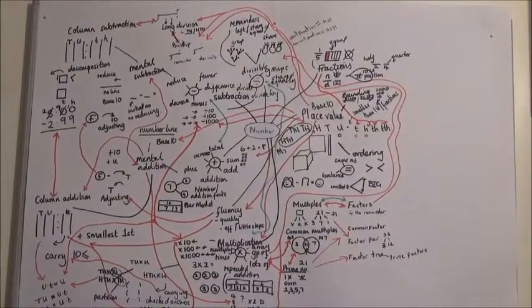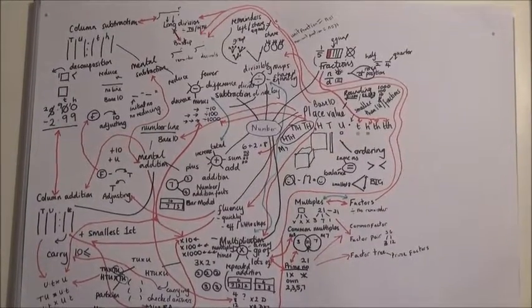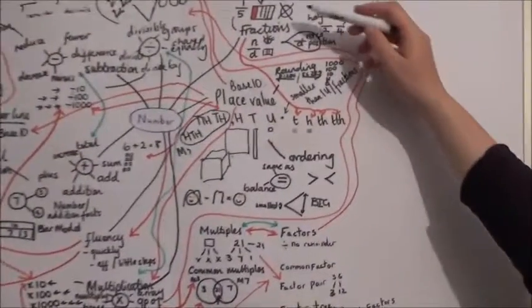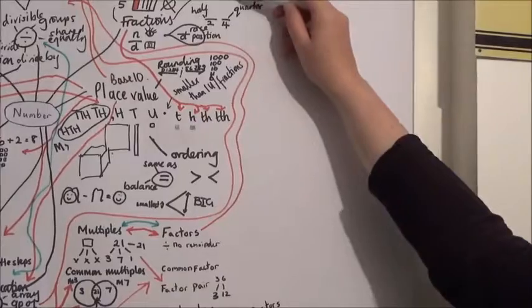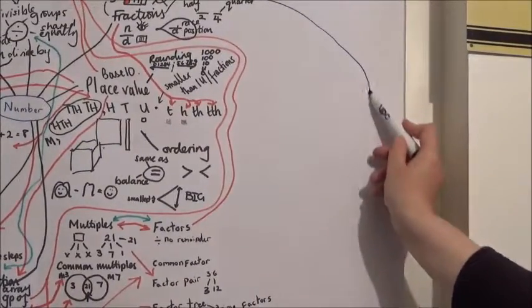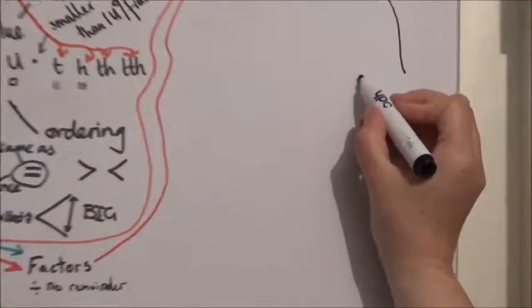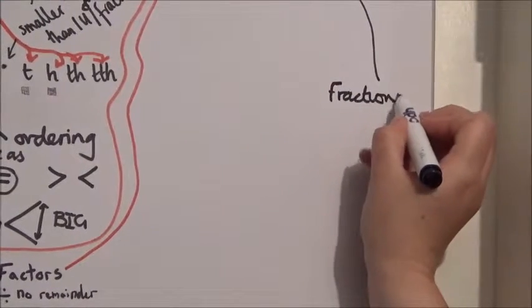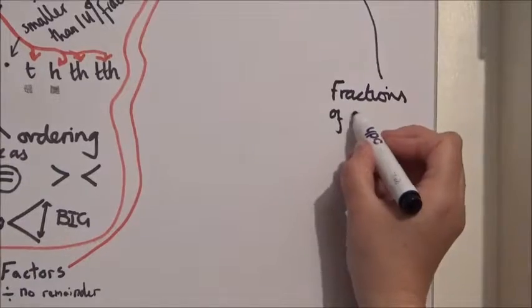So we're going to add our new learning of fractions of a number to our number mind map. So I'm going to do a very long line to here, where I'm going to put fractions of a number.